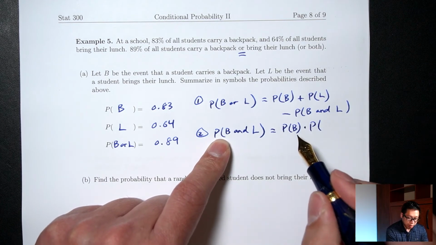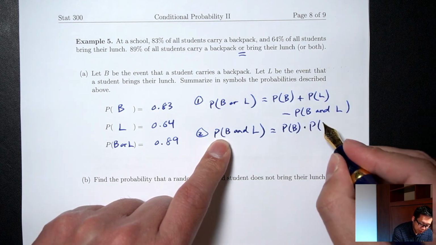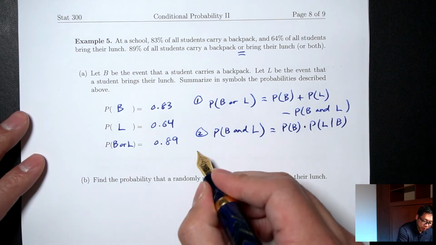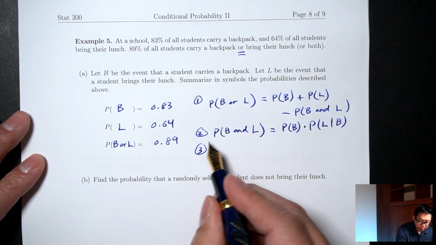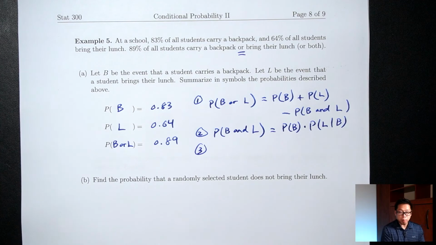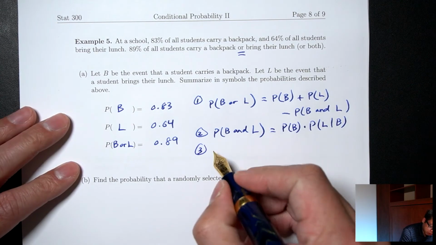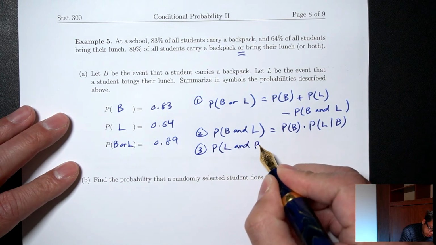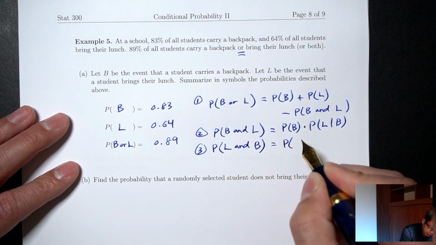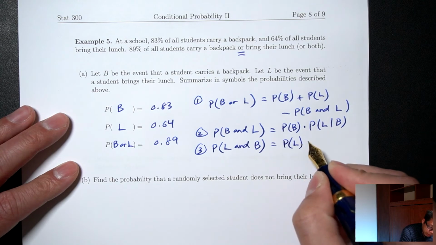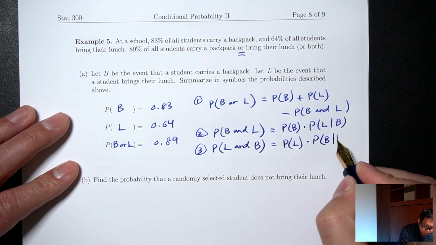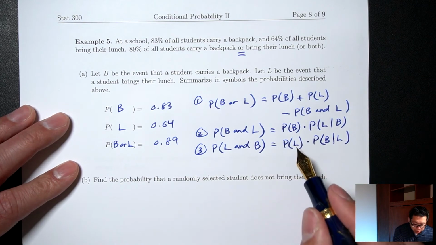The way I remember it is it alternates, so B, L given B. And then the third one is the same multiplication rule, except you swap the B's and L's. So this one would say probability of L and B equals probability of L times the probability of B given L. Make sure it alternates, so L, B, L.